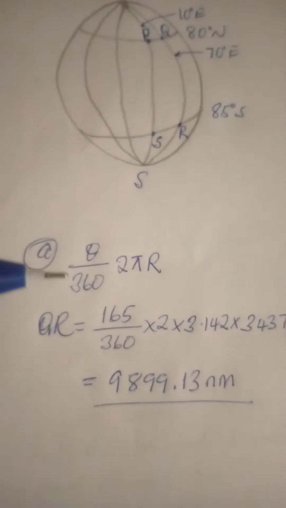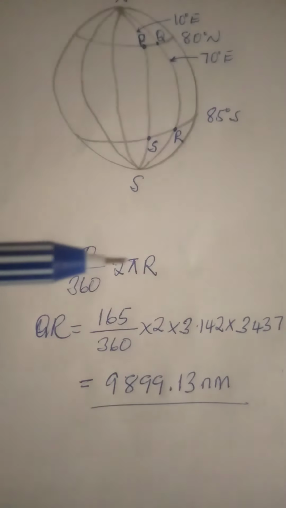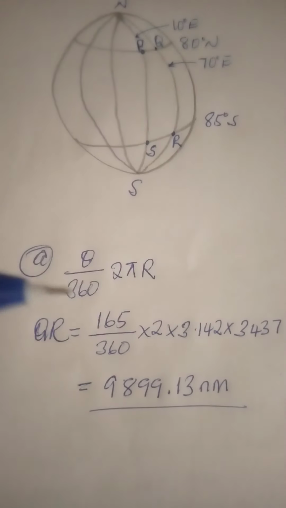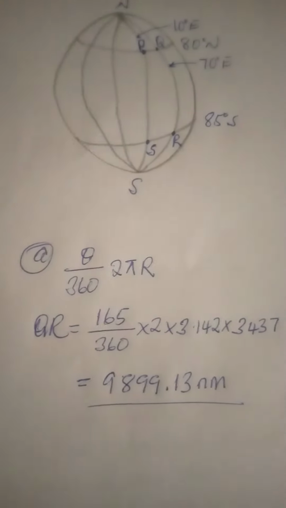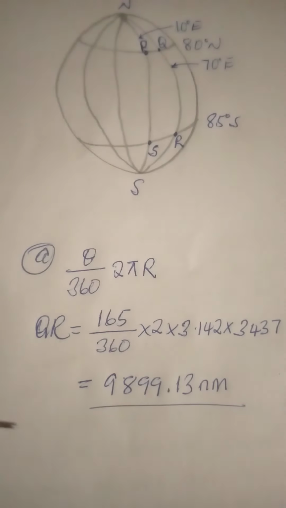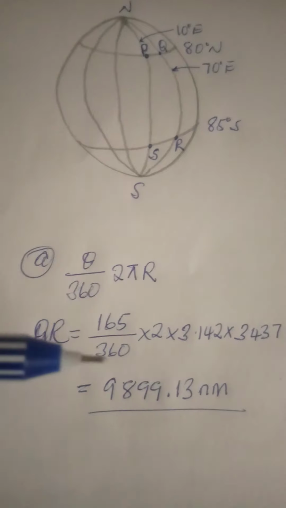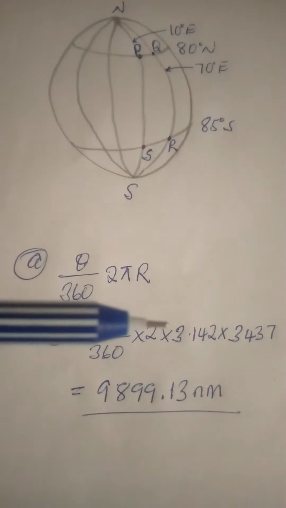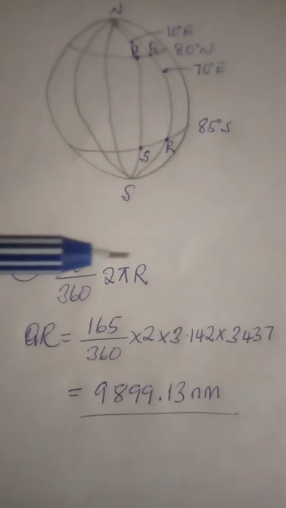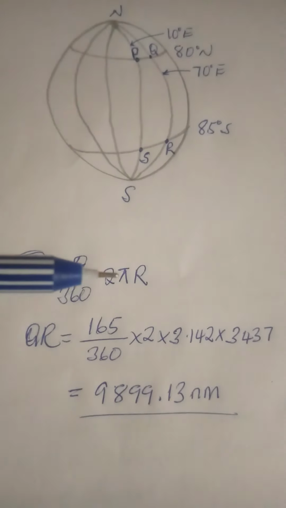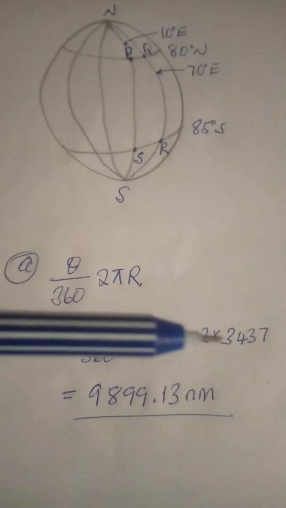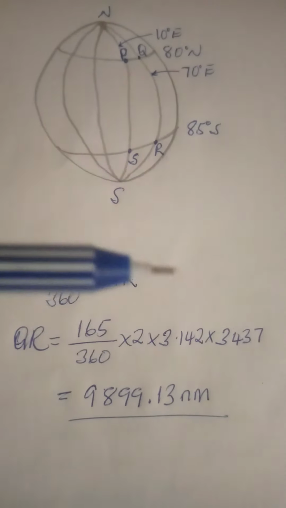Theta over 360 times 2 pi R, capital R, for the great circles. So 80 plus 85 is 165 over 360 multiplied by 2 multiplied by 3.142 multiplied by 3,437 nautical miles.